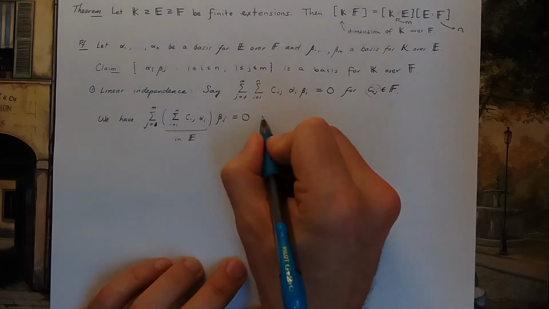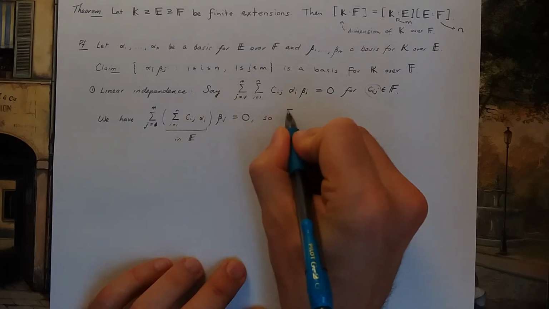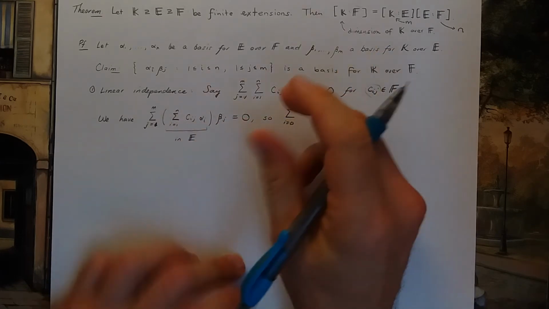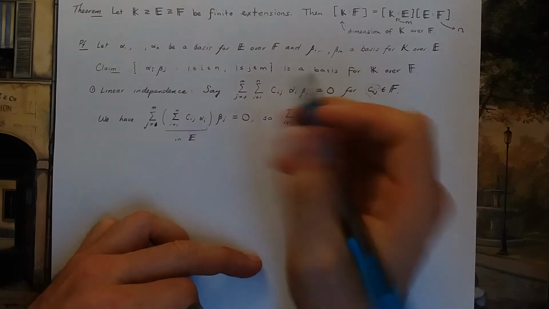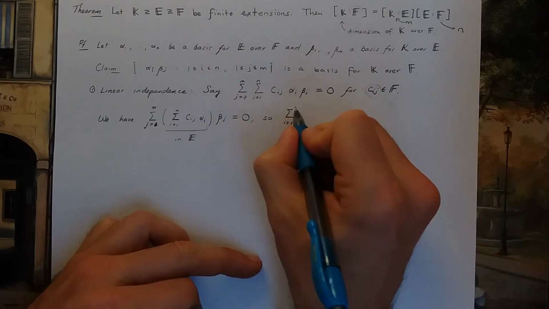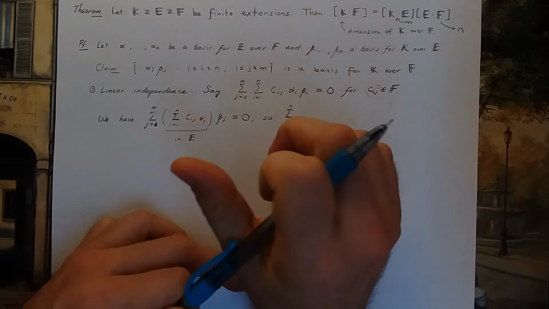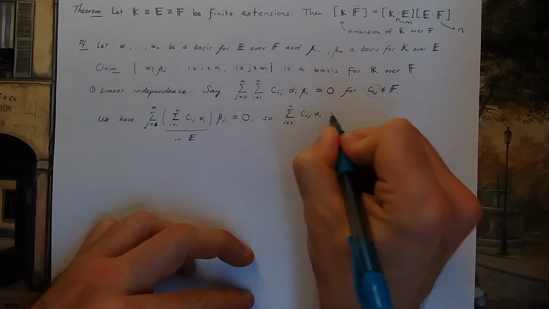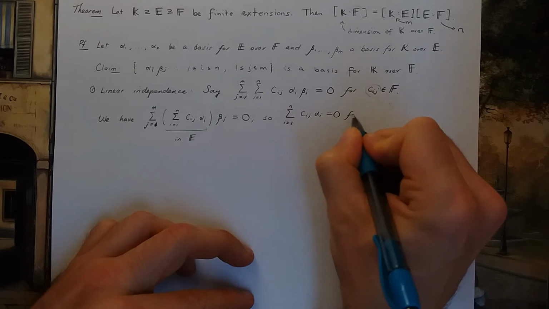So that means that the individual coefficients all have to be 0 because they're linearly independent. So it's the sum i going from 1 to n, Cij alpha i has to be 0 for all j.